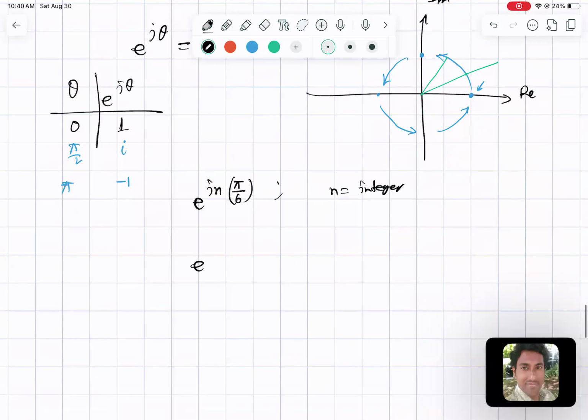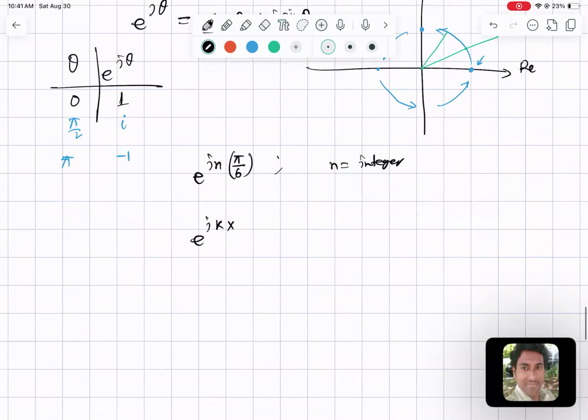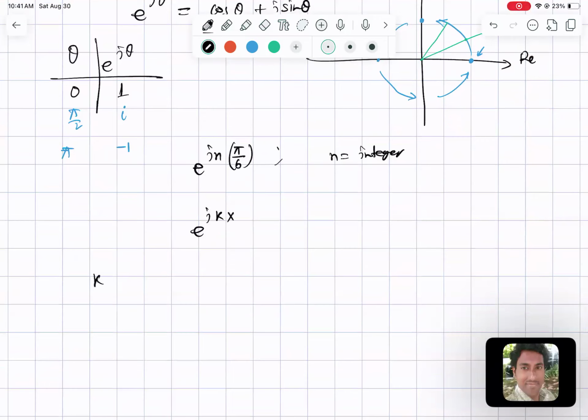Now, what if we have e to the power ikx? What happens then? Let's say k is fixed, x is variable, and let's say k is pi over 180. Very small steps, like 1 degree at a step, and x is continuous.